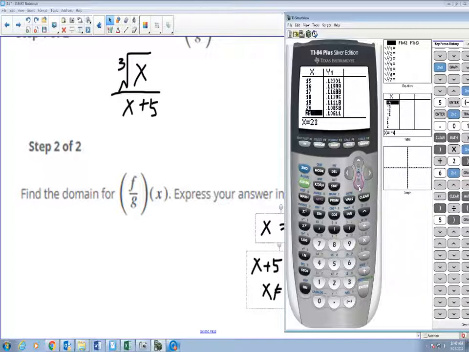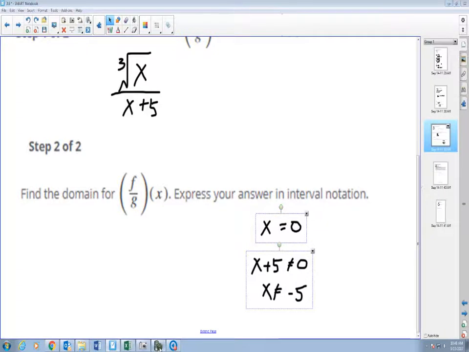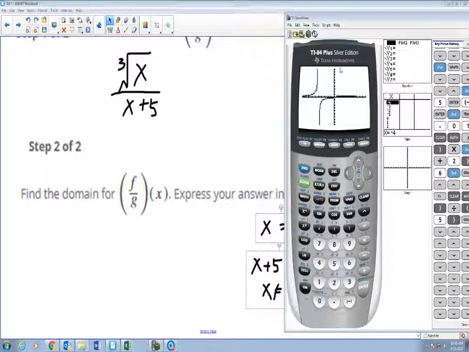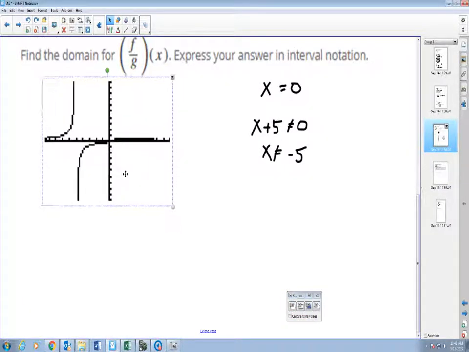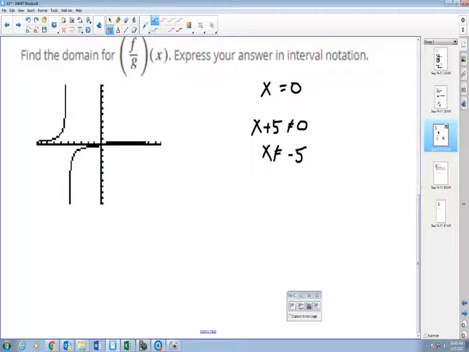But as far as the domain is concerned, my x value is allowed to keep on going to the right. So for this problem, I keep on going left and I keep on going right. This problem is not asking for the range for a reason.